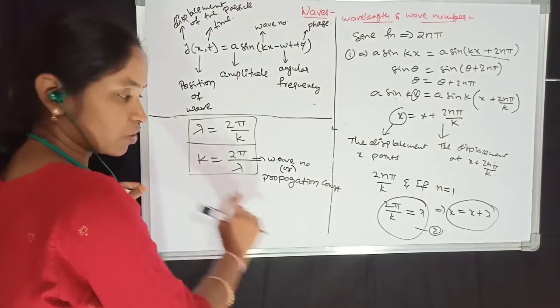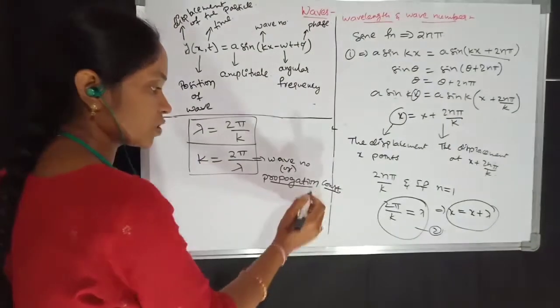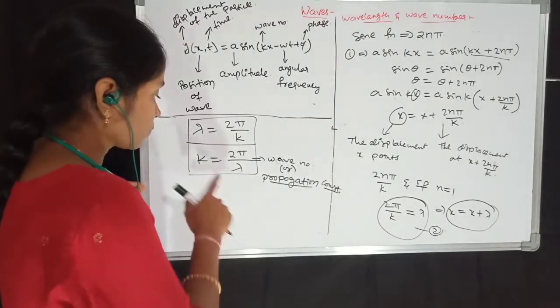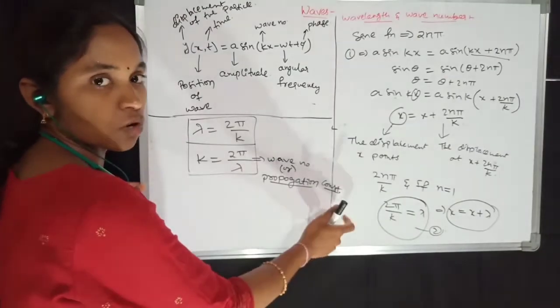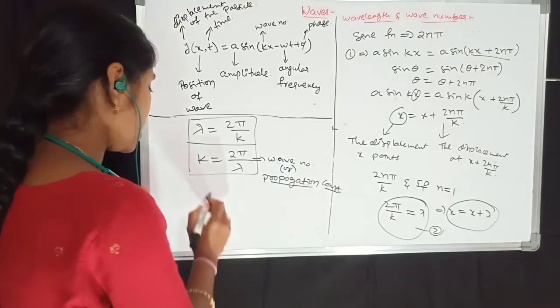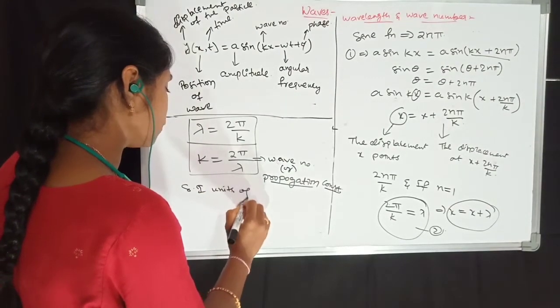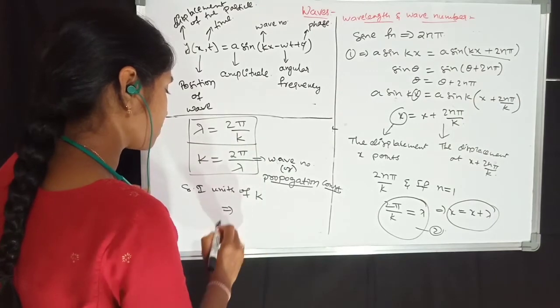This k is nothing but a constant, which is the propagation constant. So what is propagating? The wave is propagating. Therefore, this k is the propagation constant of a wave.